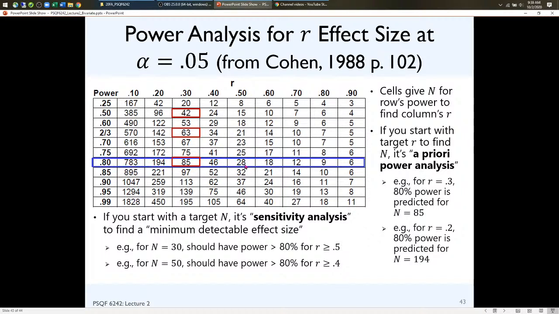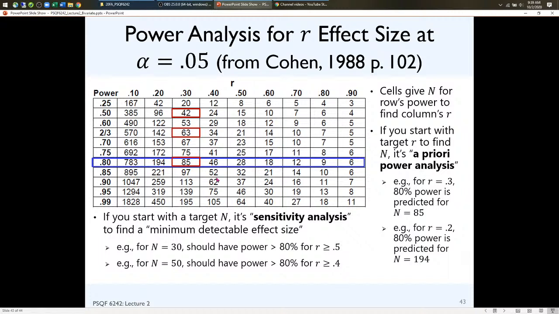Then I would say that for 30 people, you can detect an r that is greater than or equal to 0.5. That's what you can get. If you can somehow find a way to get, say, 50 people instead, that's going to bump you down to a minimum detectable effect size of 0.4 instead. So you have better ability to find a smaller effect in a slightly larger sample.